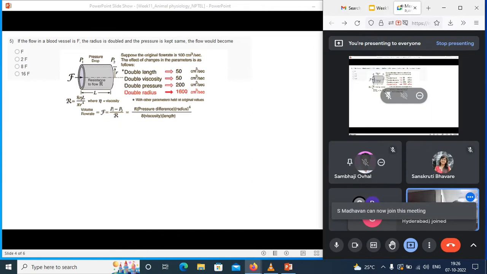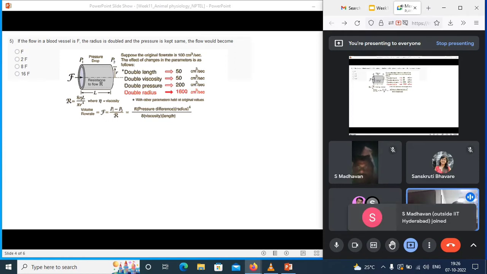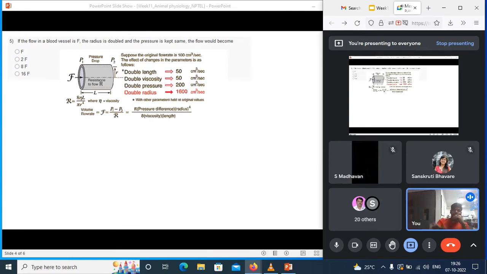Okay, so let me discuss the equations. Here you will find the resistance to flow. I'm just generalizing the concept. Suppose there is a pipe, or let's take blood vessels.